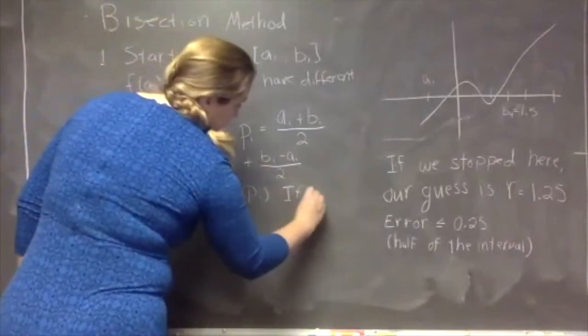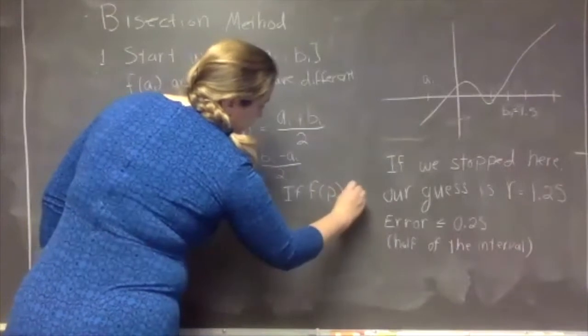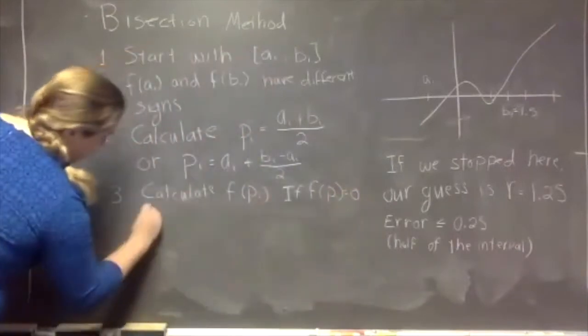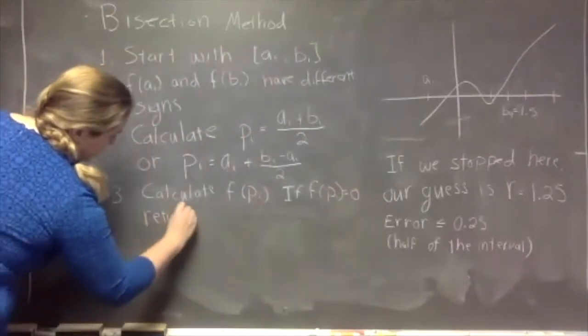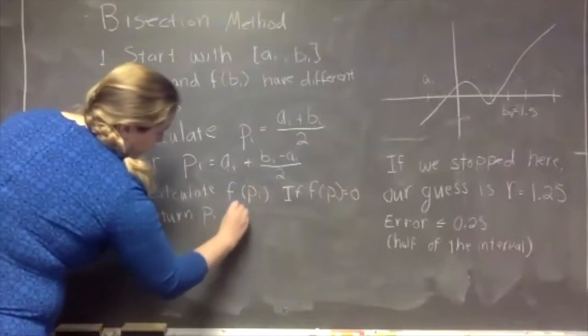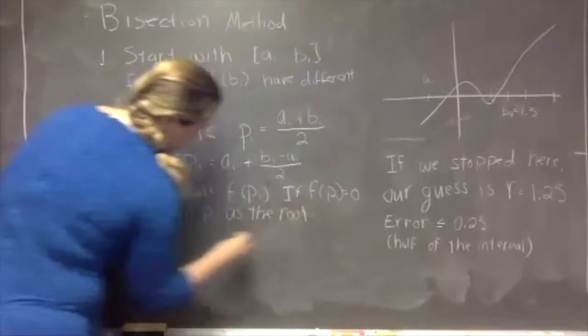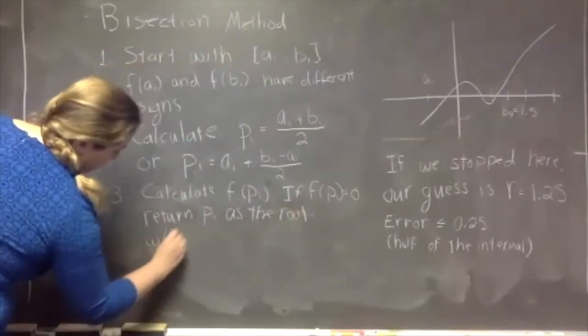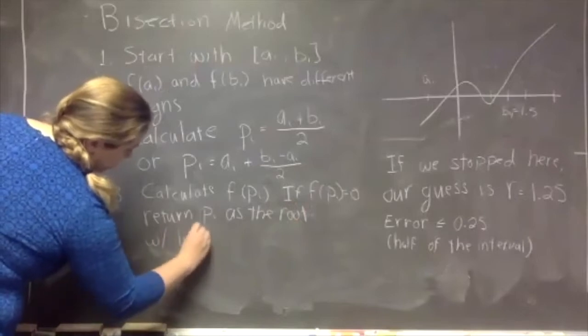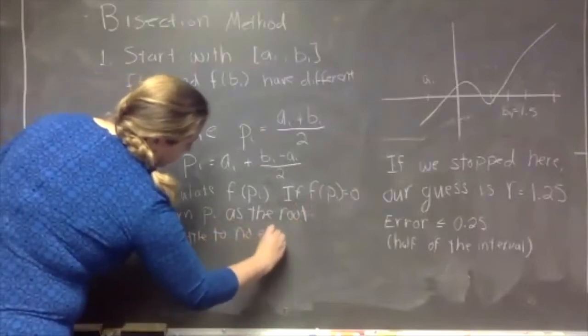If f of pi is 0, return pi as the root with little to no error.